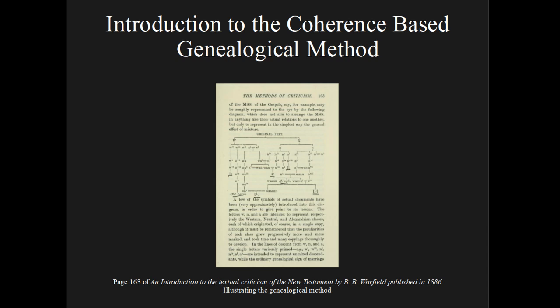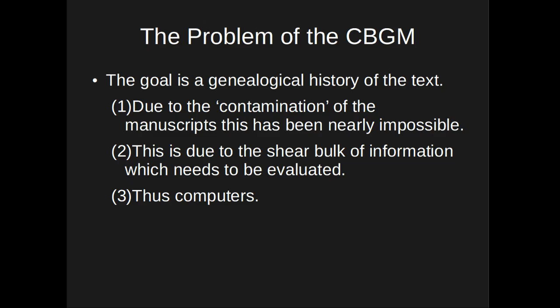The CBGM essentially is the new version of Westcott and Hort's idea of genealogies. Up until now, it's been thought that because of the problem of contamination between manuscripts, that is, that sometimes, in fact most of the time, a manuscript is not simply a copy of a manuscript that came before it.